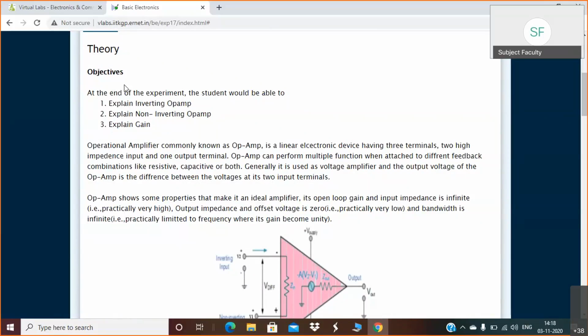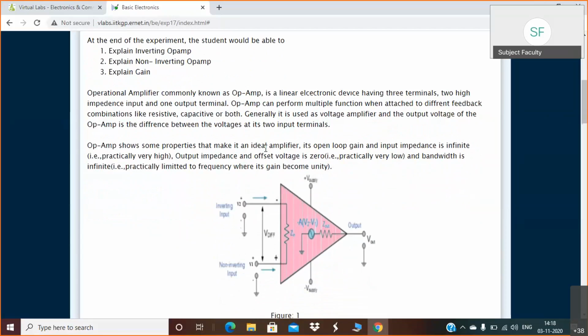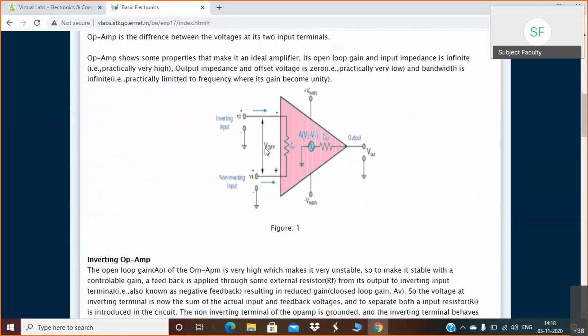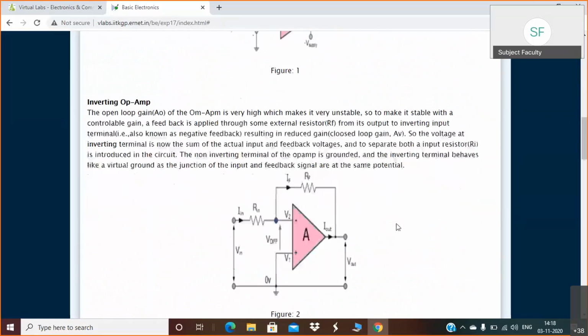These are the objectives of this lab, that after this lab you should be able to understand these concepts. Theory is also given here, you can go through this. I will cover only the practical aspect. We have already discussed the theory in theory class.